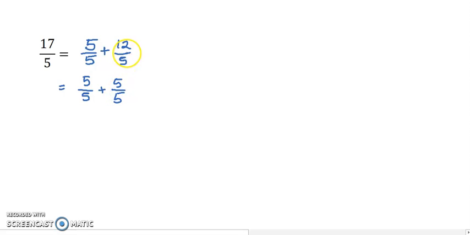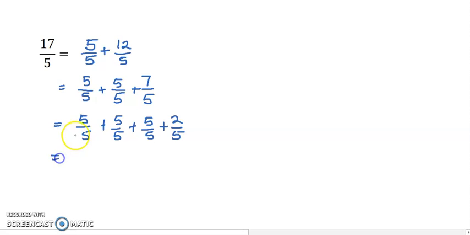If we take 5 out of the 12, we would be left with 7/5. We still can get another group of fifths out of this, so we break this 7/5 into another 5/5 plus 2/5.